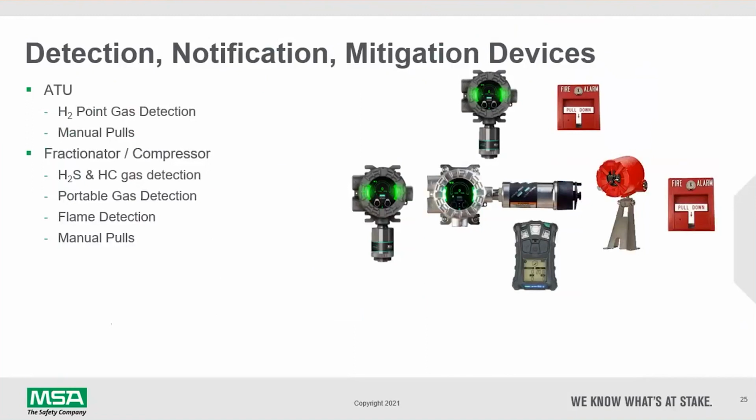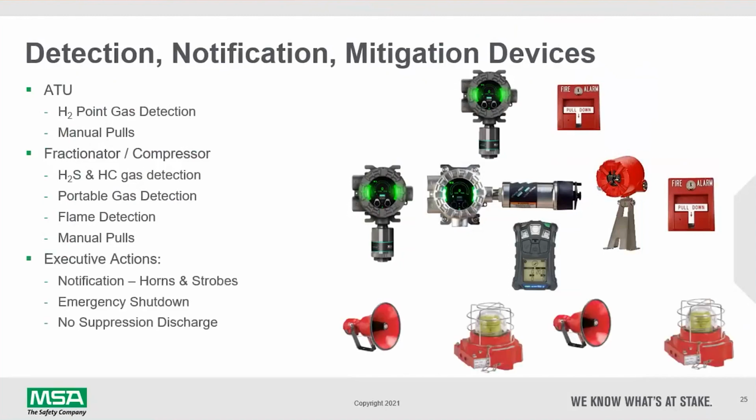We have our optical flame detector there on the second to the right, and then far right are, again, manual pull stations for the fractionator and compressor areas. And then for executive actions, our outputs in our example here, we're going to have the horns and the strobe lights, the ESD. We did not show any suppression in our ATU example coming up. The next slide will show you how we implement those at the site.